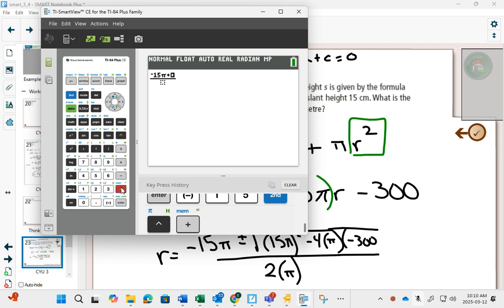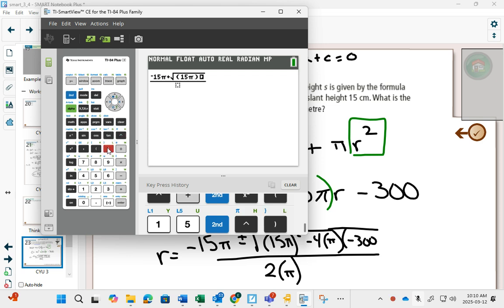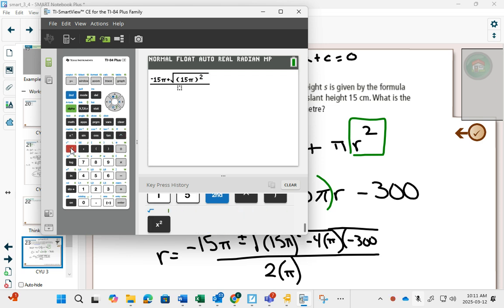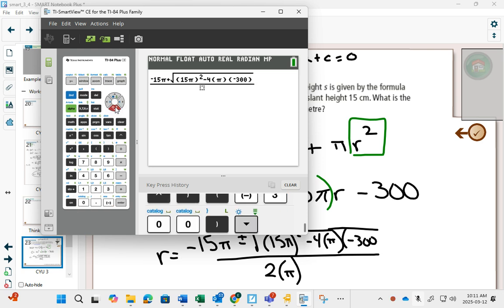I'm going to do the plus first, plus square root. I'm going to put that in brackets, 15 pi, because it gets squared, minus 4 bracket pi bracket, negative again with the negative sign, negative 300 over 2. I guess I wouldn't need the bracket there because it would understand if you wrote those beside each other that that's multiplying.